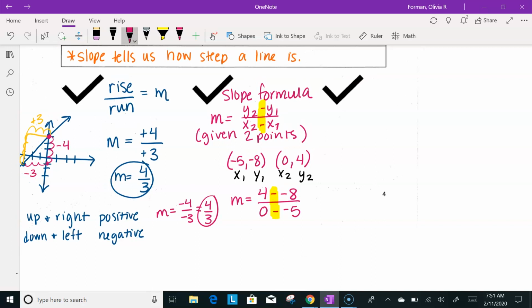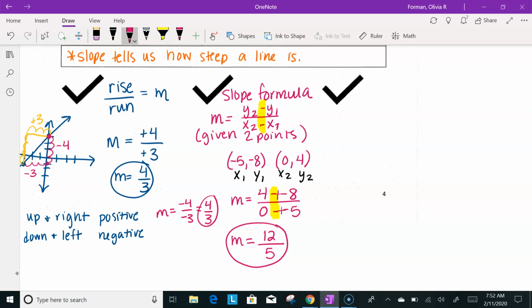Your last step is that you're just going to want to simplify these. So 4 minus -8, that's really like you're adding them. You're getting a 12. Over here, you're getting a 5. So your slope becomes 12/5. And usually we check and see if it can be reduced. In this case, we know that that cannot reduce.